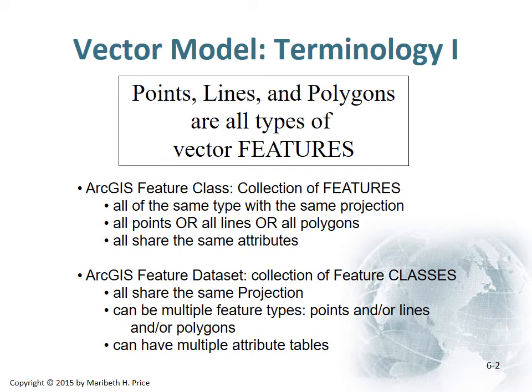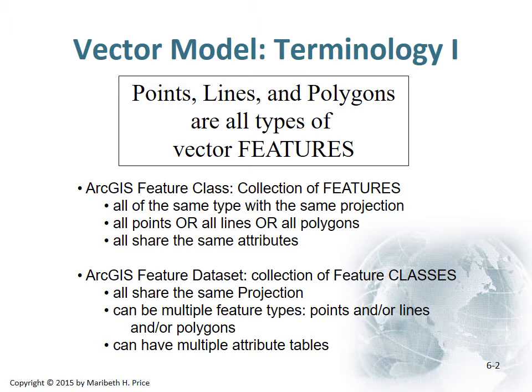So that relates to features. Okay. A feature data set is a collection of feature classes. They all have to have the same projection. You can mix and match points, lines, and polygons. They can have multiple attribute tables. So it's like putting all of the data for a county together in a feature data set.